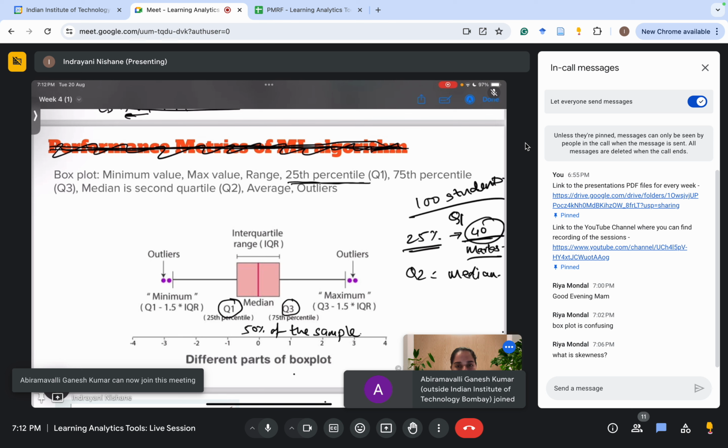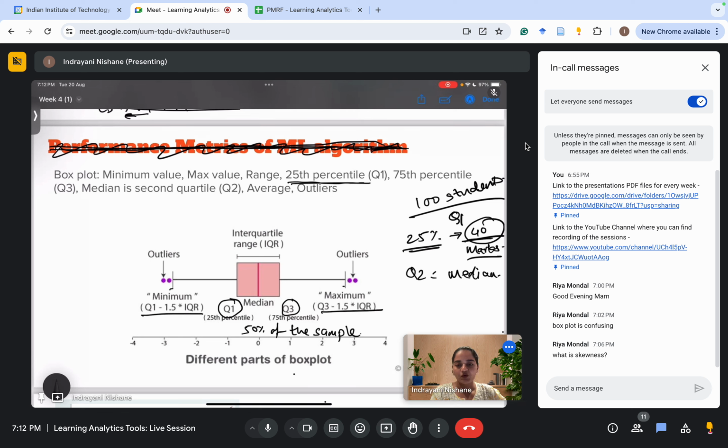These are the formulae to calculate the maximum value and the minimum value. Interquartile range, IQR, is Q3 minus Q1, and median is Q2. The maximum is Q3 plus 1.5 multiplied by the interquartile range.